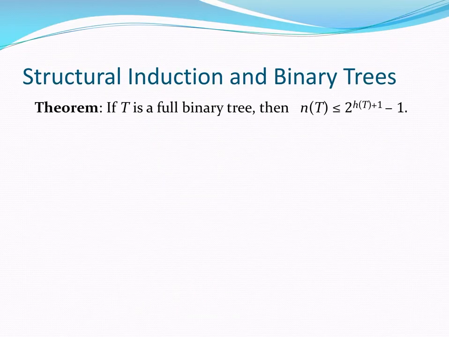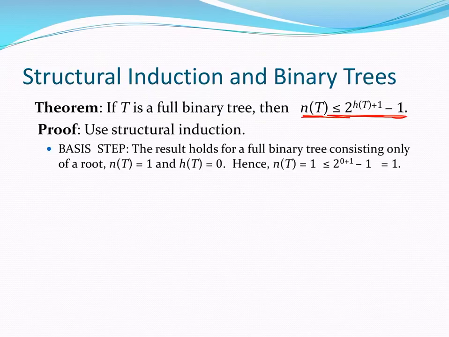All right, so now here is the theorem we want to prove using structural induction on how this tree is built up. I want to prove that the number of vertices in a tree is less than or equal to 2 raised to the power of the height plus 1, minus 1. And we'll prove it for the basis step using structural induction.